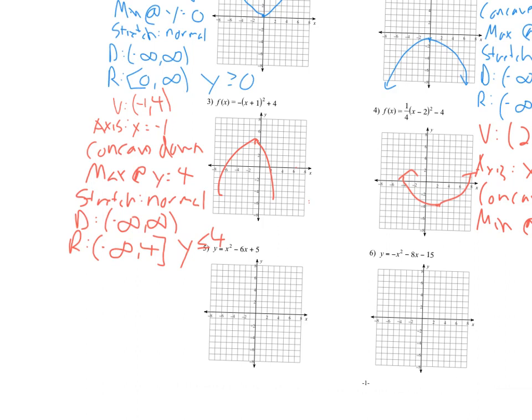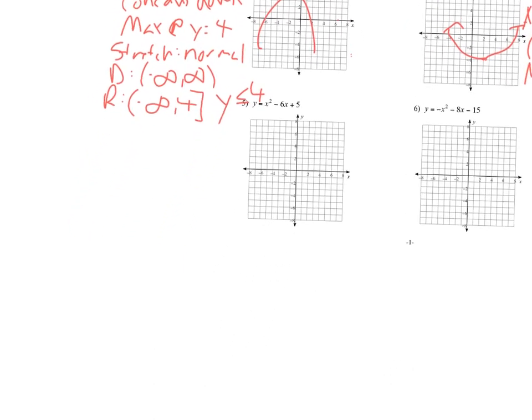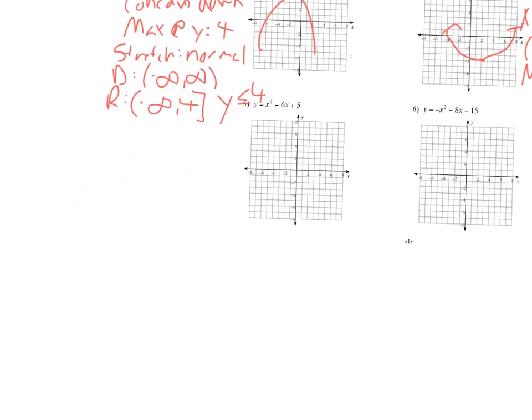Now on 5 and 6, these are in standard form. So if we want to do these, we have to remember that x equals -b over 2a. As we look at number 5, I get negative, and then my b is a -6.